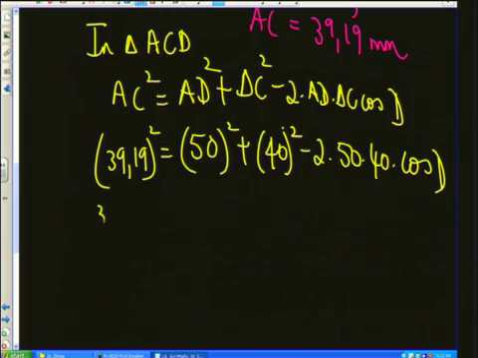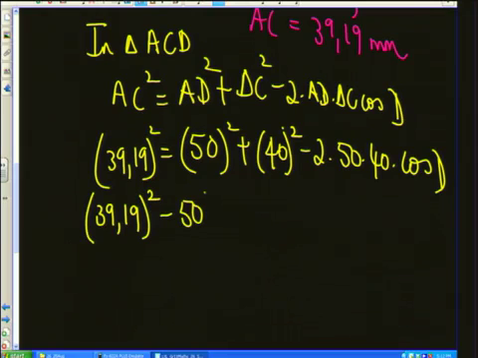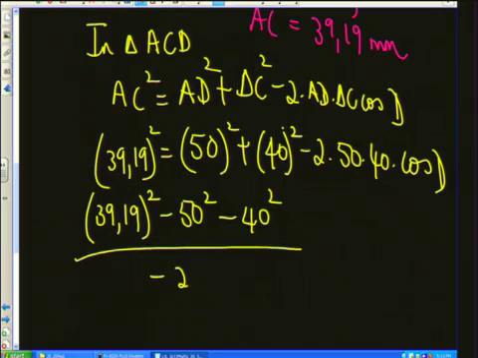Now we'll solve for cos D. That squared, take 50 squared to the left, take 40 squared to the left, divide by the coefficient, so it's negative 2 times 50 times 40. And then that will all equal to cos D.